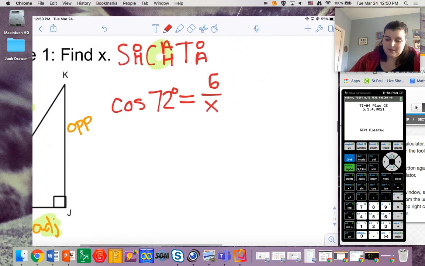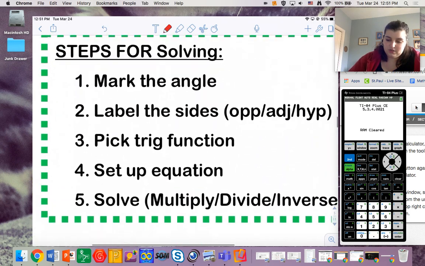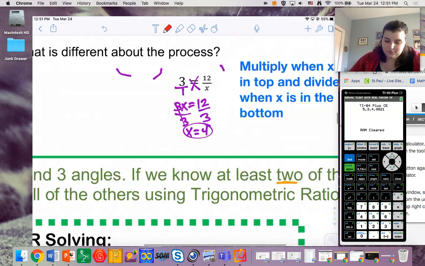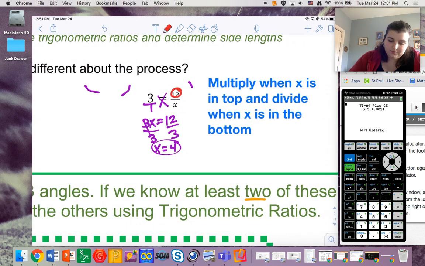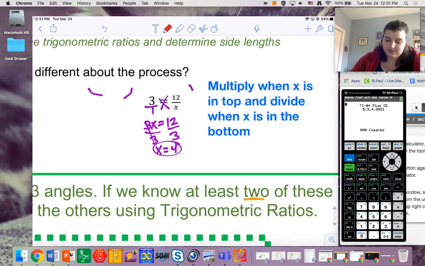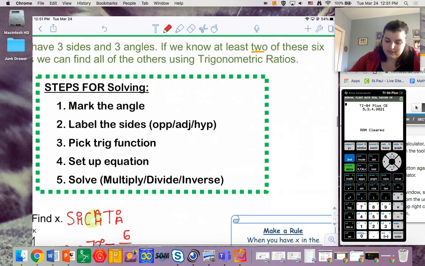So now I've got my x in the denominator. Remember what we said to do? We said to divide, okay? And when we did the division up here, what ended up happening was the 12 got divided by the 3. Okay, so the number on top of the x got divided by the other side.